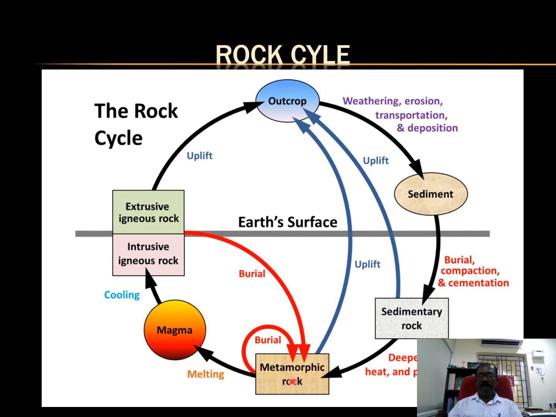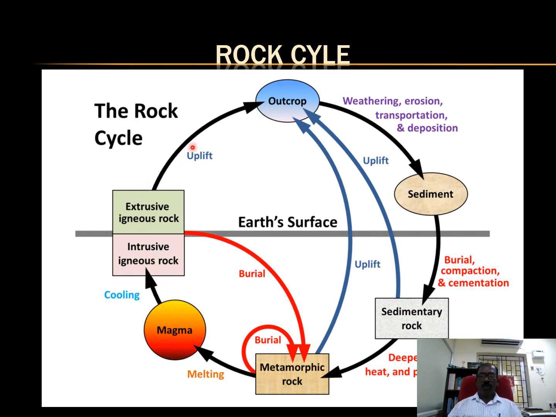These metamorphic rocks, again under high pressure and temperature, melt and become magma, which is semi-solid in nature. Then when it comes to the surface of the earth and goes under cooling conditions, it forms again as intrusive rocks.